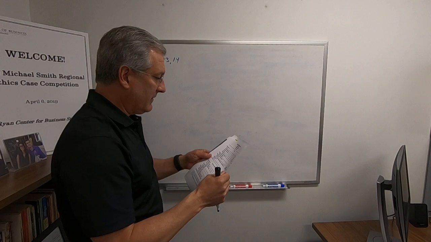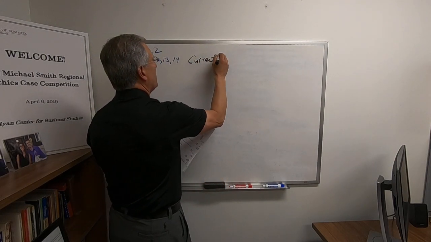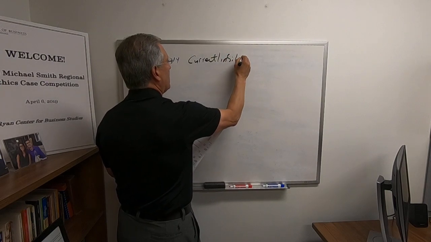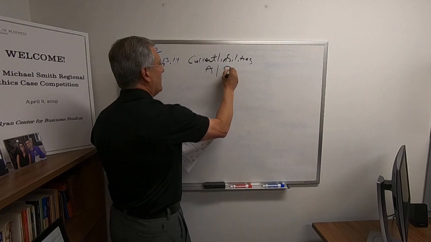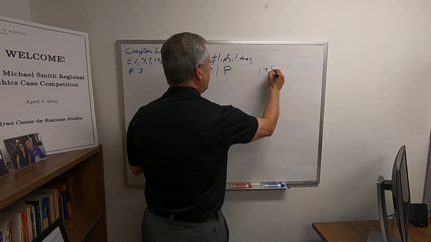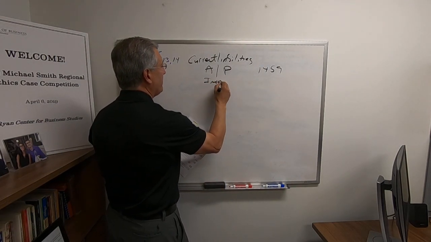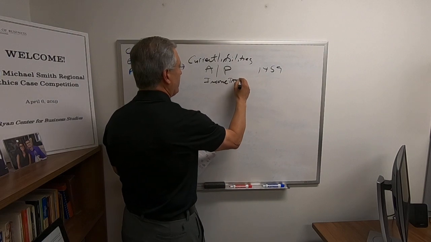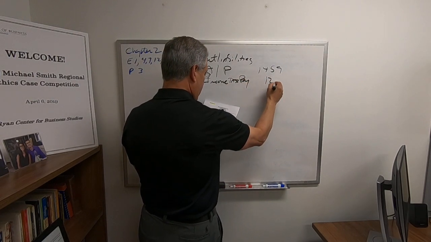Let's take a look at the current liabilities. And you're going to have accounts payable, A/P, 1459. You have income tax payable of 128.